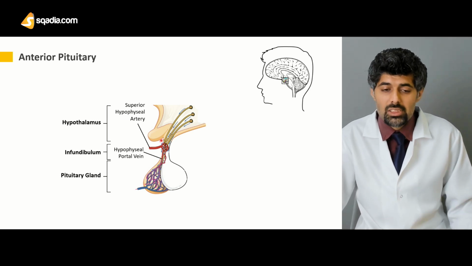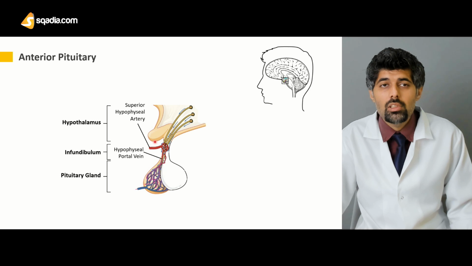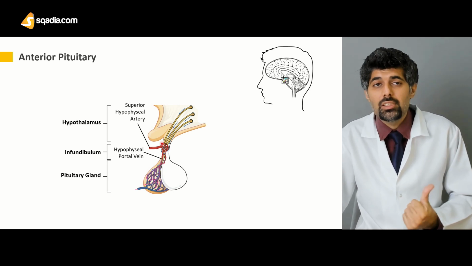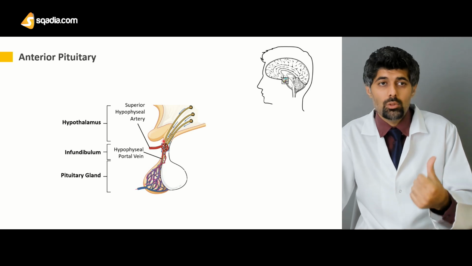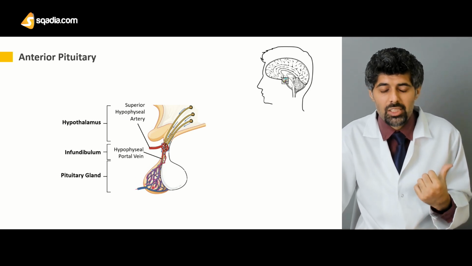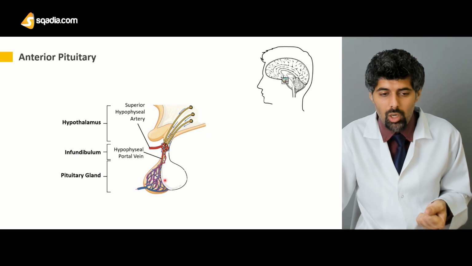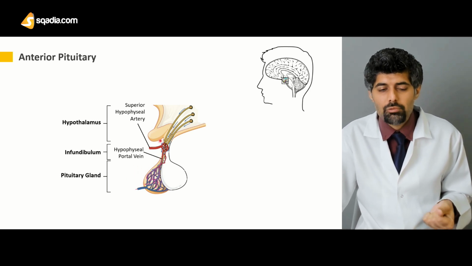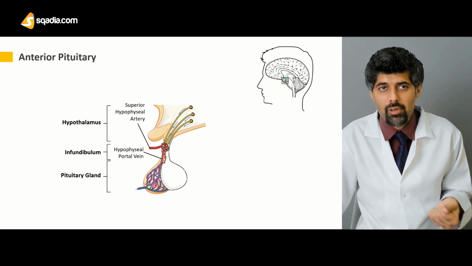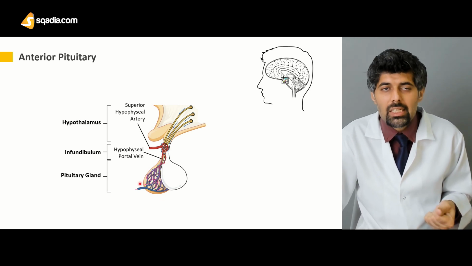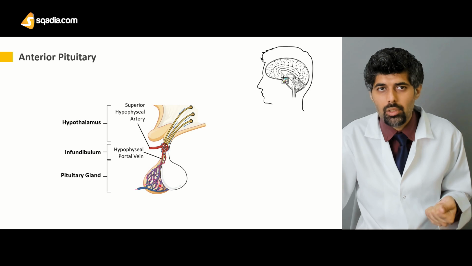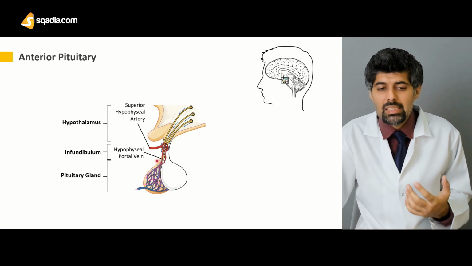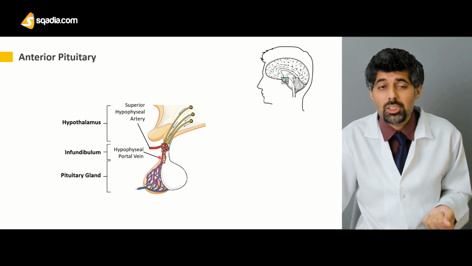Because this plexus is of arterial origin, and when it gives rise to the secondary plexus found around the anterior lobe of the pituitary, it turns from artery to vein, and it still contains oxygenated blood. Because it contains oxygenated blood, this is termed a portal system.